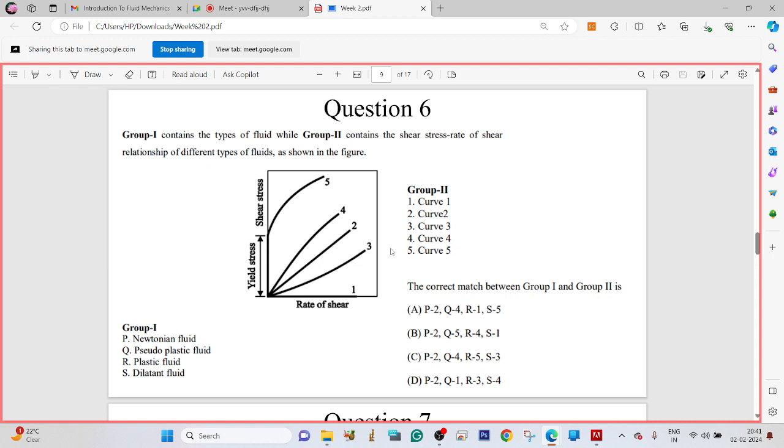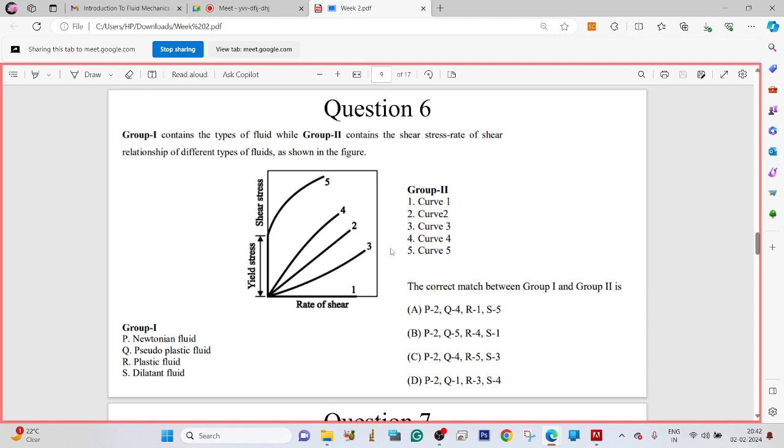So in this, let me tell you, this is question number 6, right? Yeah, so the answer for this question is option C. Shear stress we write as K times del u del y whole to the power n, right? K is what? Flow consistency index, and this n is what?